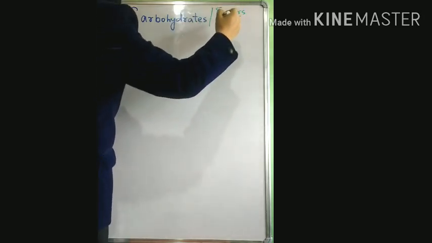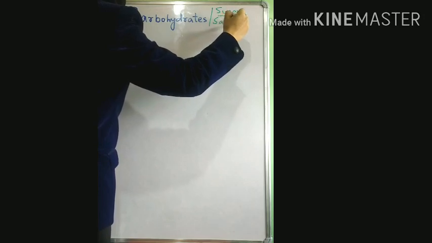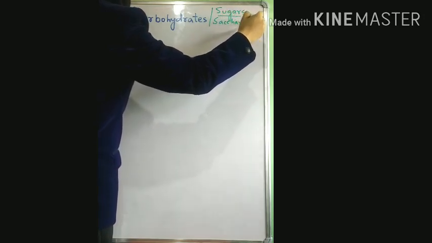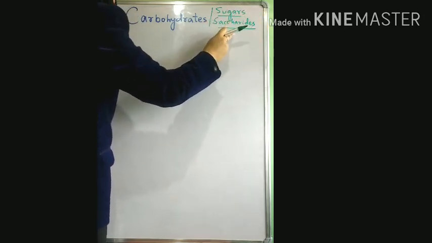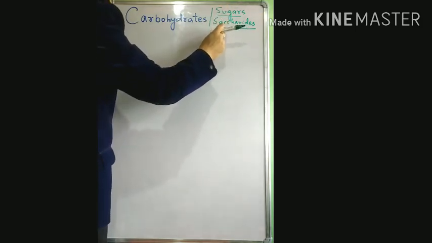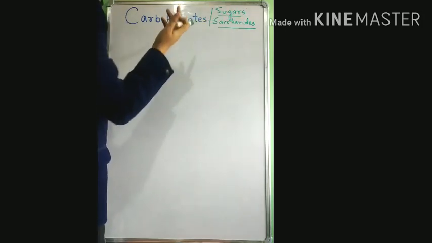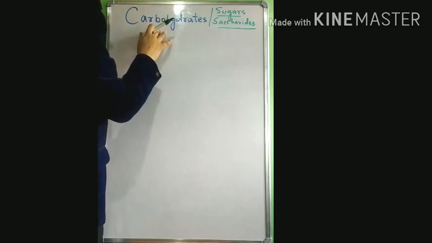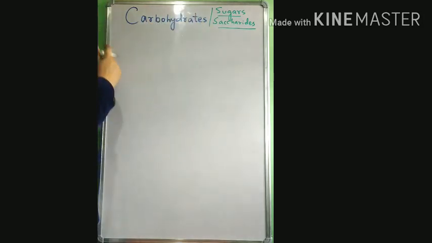And there is one more term, which is saccharides. You will see this term also used for carbohydrates. Actually, the word sugar is derived from saccharide. So they all mean the same thing, that is carbohydrates. This must be clear to all of you.